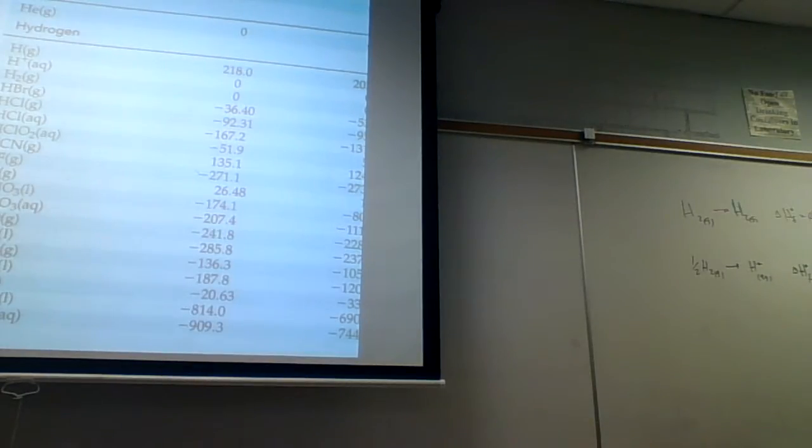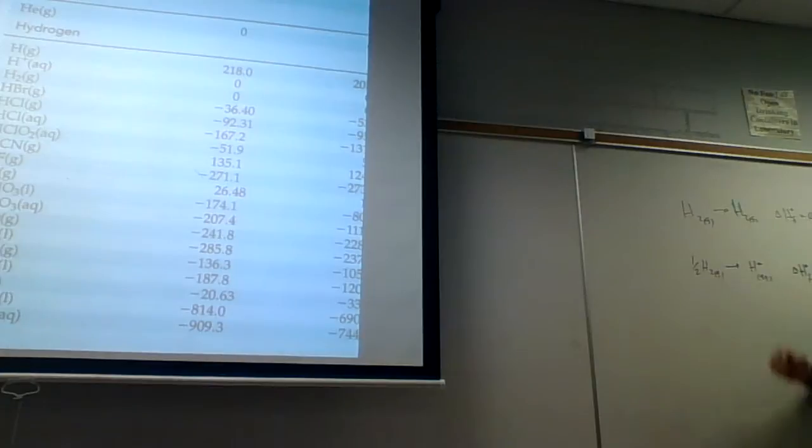But that little standard means what? One bar pressure and 1 molar solutions. So this would be forming 1 mole of H+ at a concentration of 1 molar. That's how we'd read that.